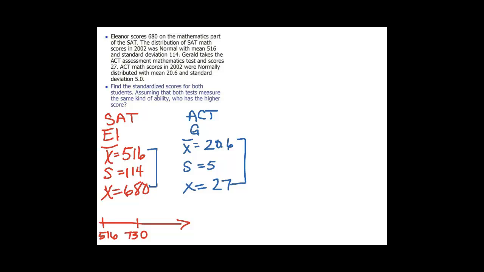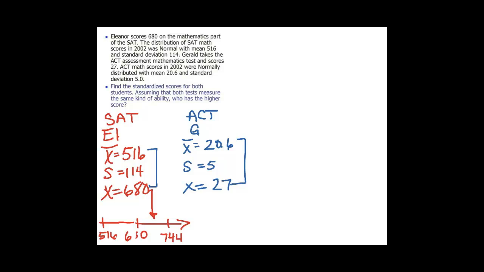No, 630. Always make sure it makes sense in your head. 630, and Eleanor was a little bit above that. She's not going to be at two standard deviations above the mean, which would be 744. Her score is really good, though. Her score is right at about 680, so I'm going to put it somewhere around in here.